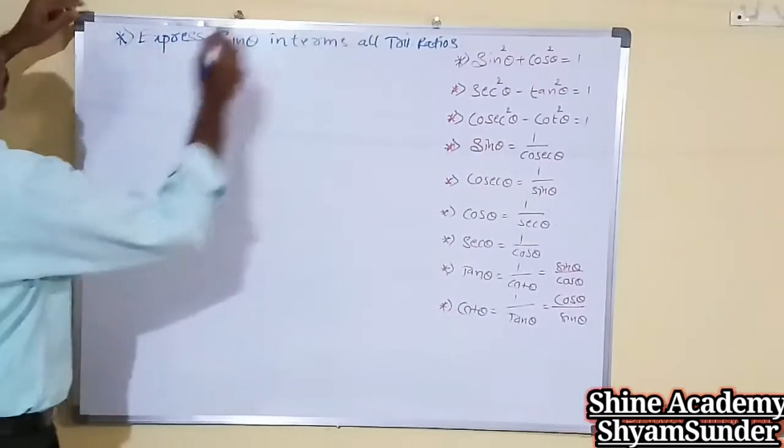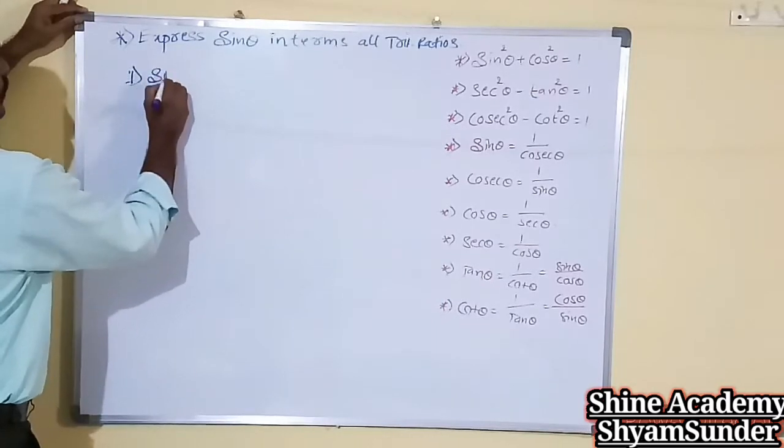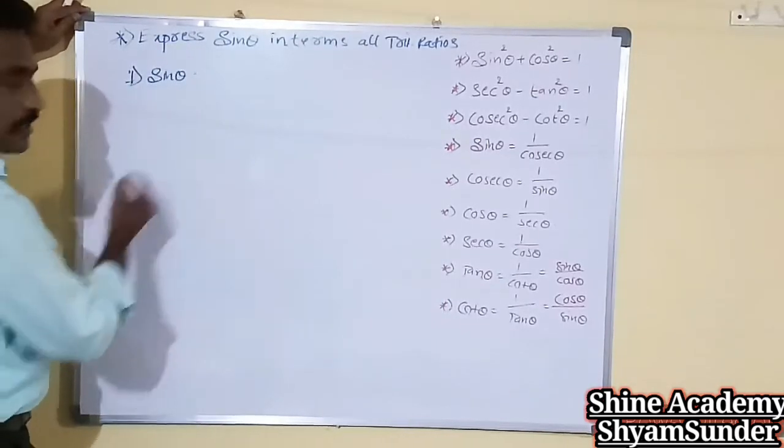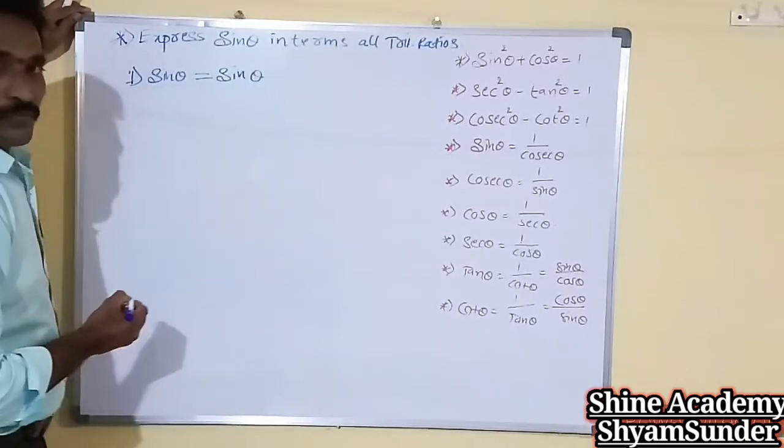First of all, the first trigonometric ratio, sin theta: sin theta is equal to sin theta.